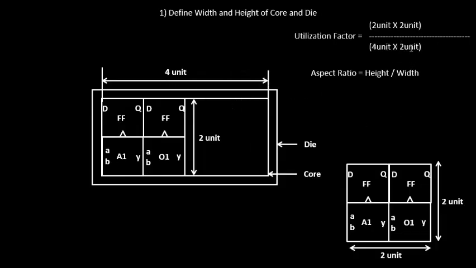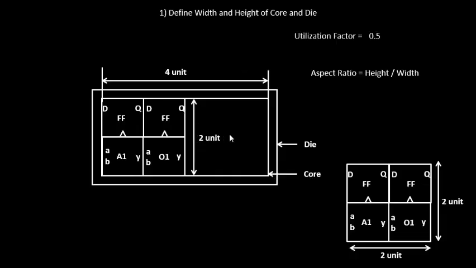So the utilization factor will be 4 square unit by 8 square unit, which is 0.5. So anything other than 1 represents that the core is 50% utilized, and there is some extra amount of area that can be used to place some additional cells.